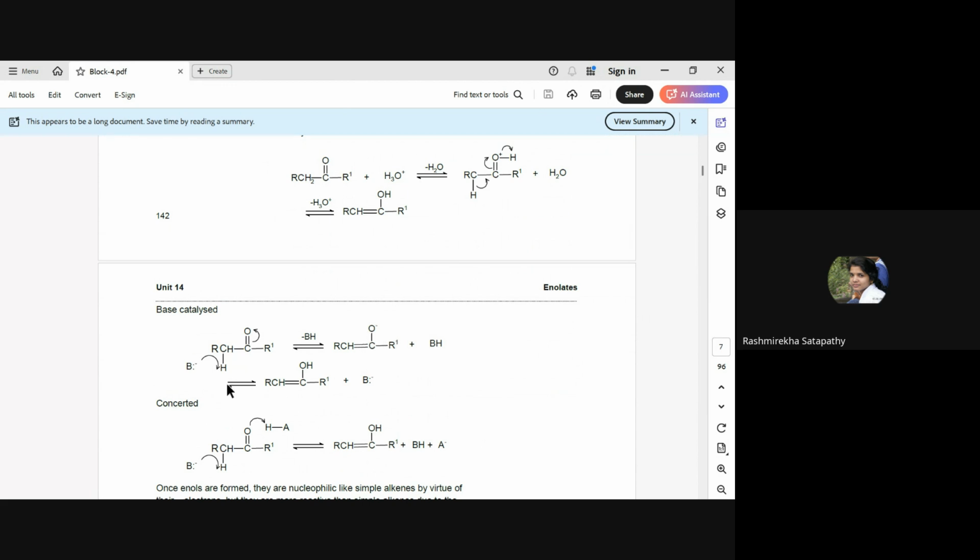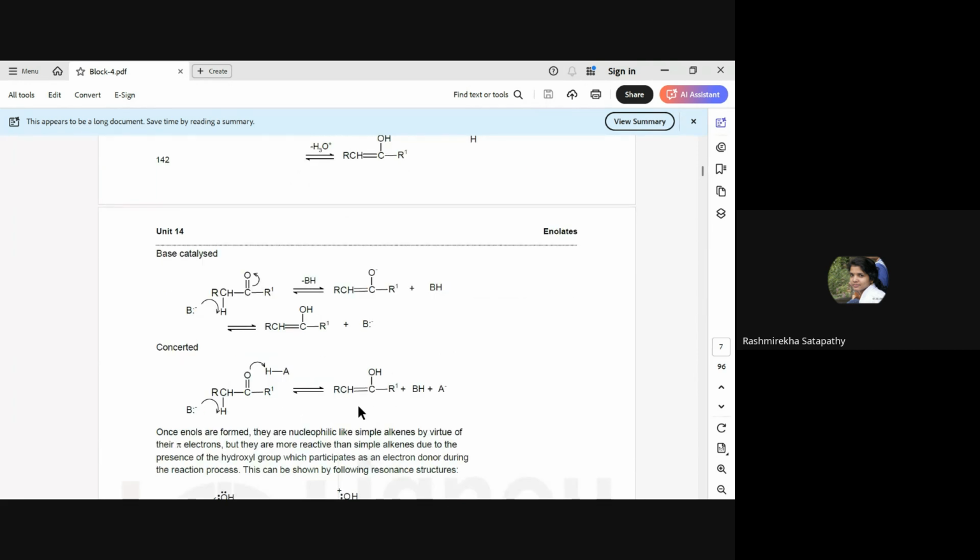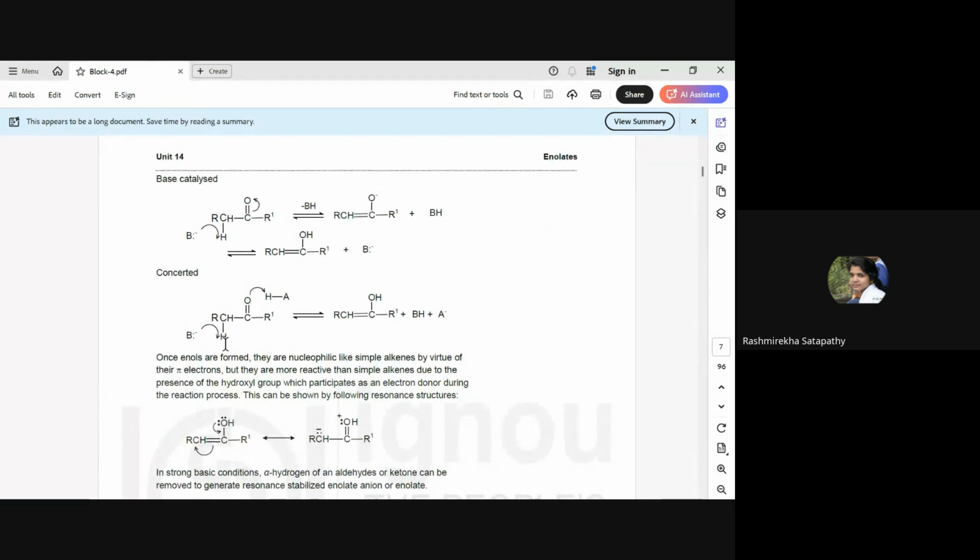The oxygen then takes the proton from BH, and this isomerizes to the C double bond C, OH form, and the base is regenerated. These are acid-base reactions. The base takes this proton and the oxygen attacks the proton of the acid, then it gets the enolized form.